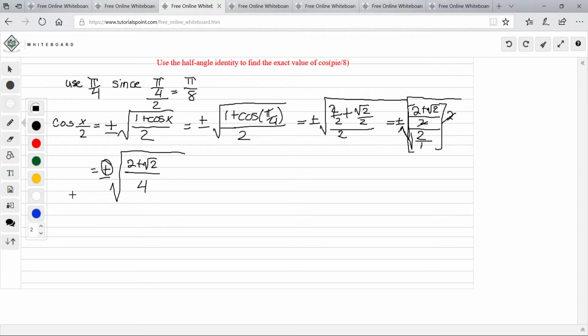Since pi over 4 is in quadrant 1 and cosine is positive, that's why I'm going to use only the positive one.